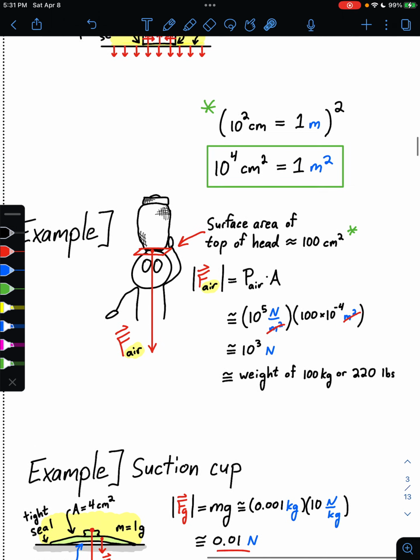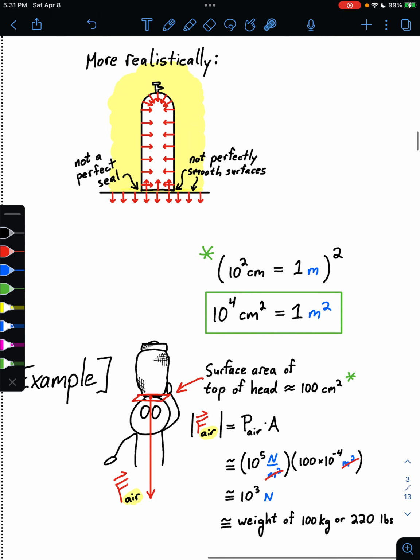Well, let's remember that that air is pressing down not just on the top of your head, but that air is going to be underneath your armpits and underneath your butt and underneath the soles of your feet a little bit, if there's not a perfect seal between your shoes and the ground.